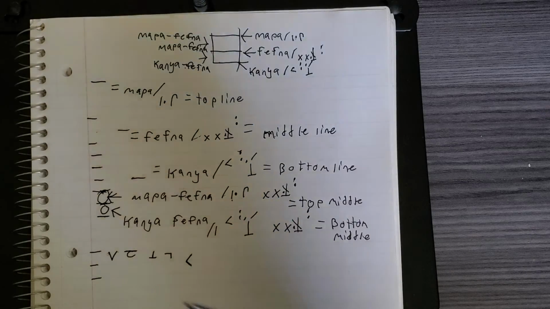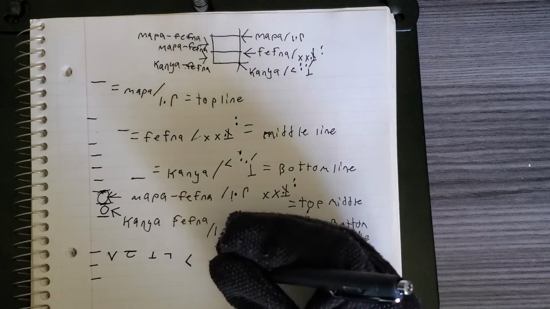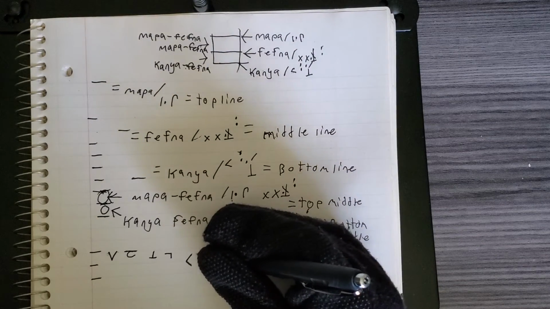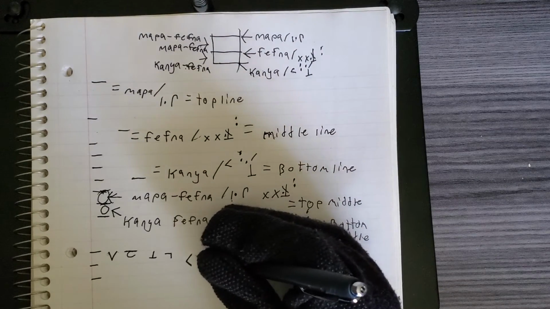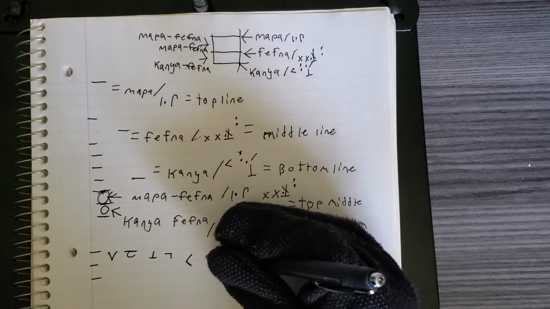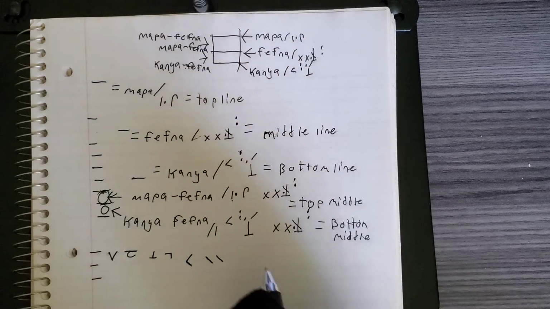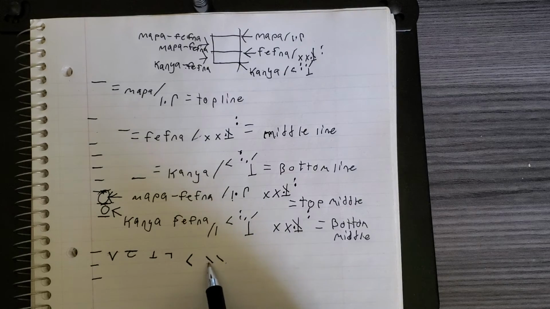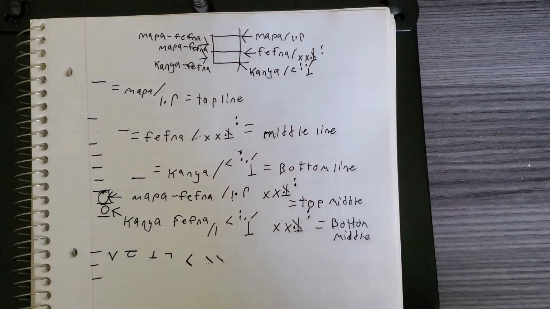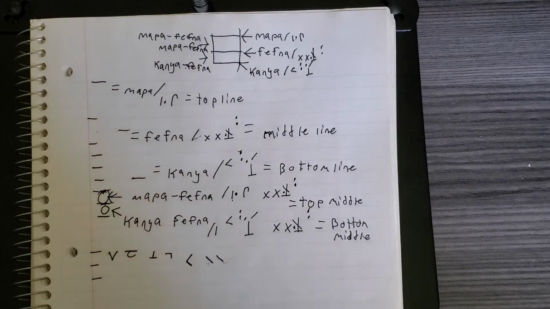It's coming from fefna. And here's another one for you. So this is the same letter written twice, just to let you know. This is also a fefna letter, and the reason why is because the majority of it and its base is on fefna.